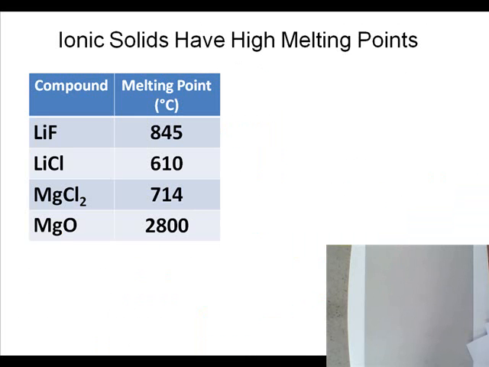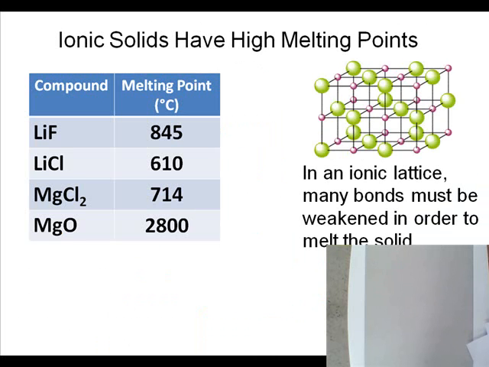Now, one of the properties that all ionic solids have is that their melting point tends to be very, very high. The reason why is because the ions are surrounded by oppositely charged ions. There's lots of them, and so the overall attraction, the sum of all these attractions, is very, very strong.